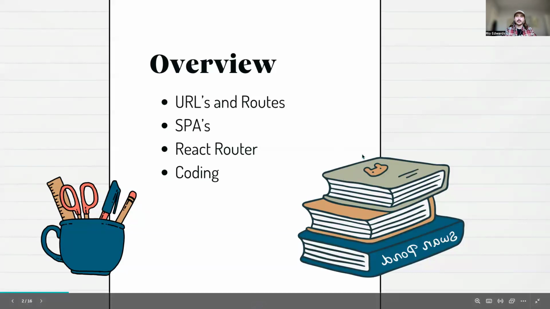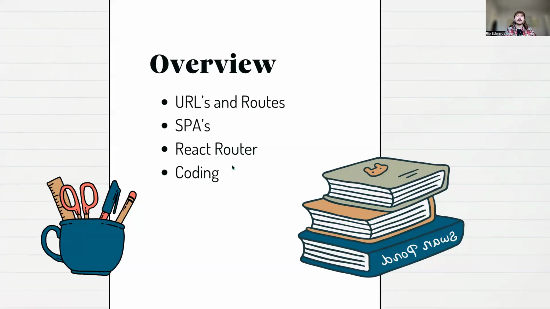It's a single page application. That's what that is. And then we're going to talk about React Router. These are kind of setting the stage for talking about React Router. And then we're going to do some coding. It'll probably be a shorter session than usual today. But yeah, let's get into it.